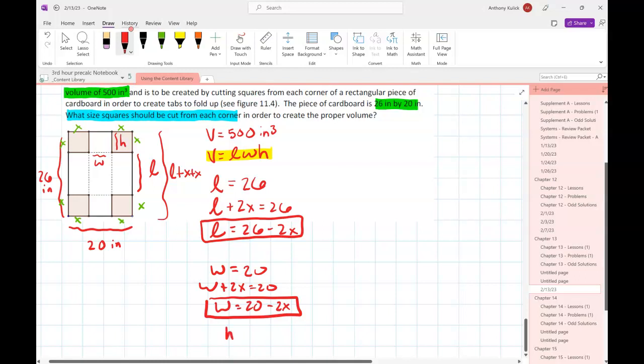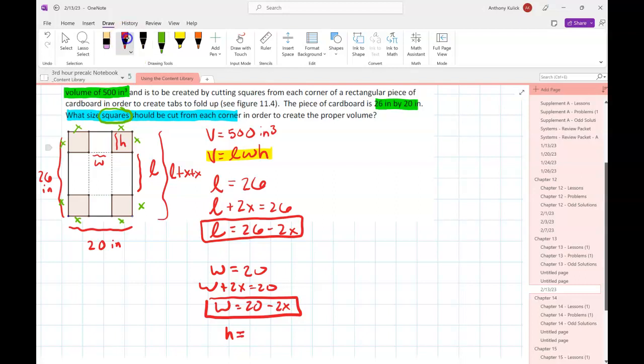And then what's the height got to equal? What's that height got to be in terms of x? Those shaded parts are squares.